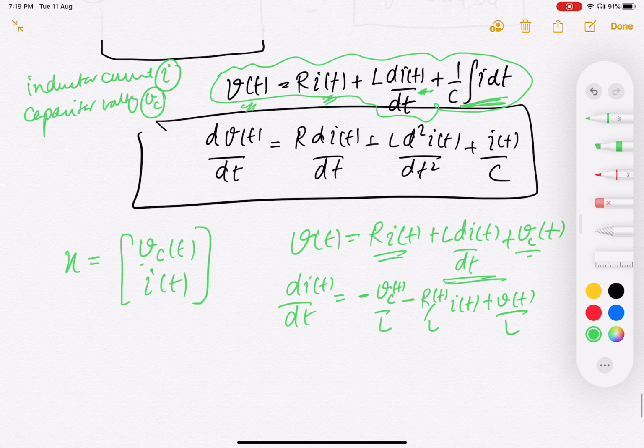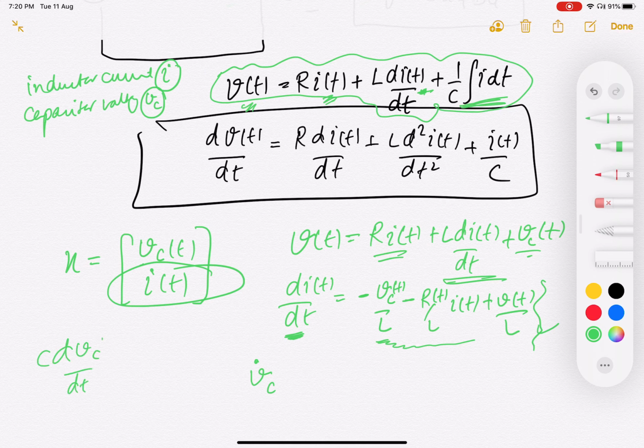Now this is one of my state variables, the current being differentiated, and on the right hand side we have a linear combination of the state variables Vc(t) and i(t) and the input. So this equation is one of the state equations, this one corresponding to the state variable below. The other equation that I require is the derivative of Vc. Now if you see, C dVc by dt is the current flowing through the capacitor, right?